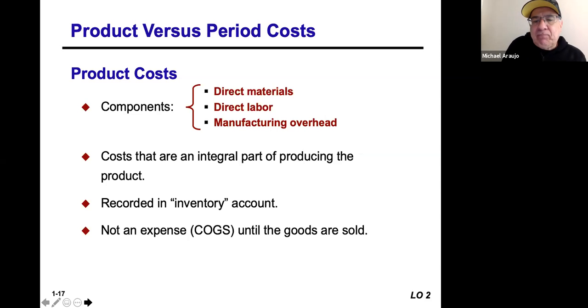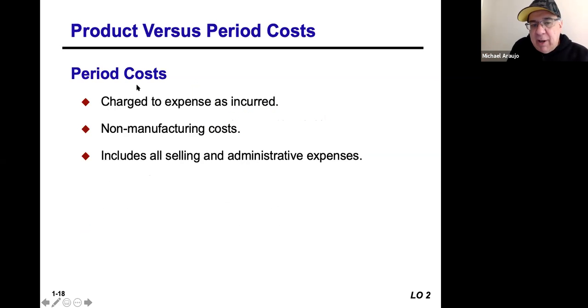Now, what we're learning in objective 3 next is that because these are actual product costs, they're part of the inventory of a manufacturing company, which is quite different than any other business. A period cost, as we learned, is definitely an expense, but it is not manufacturing based.